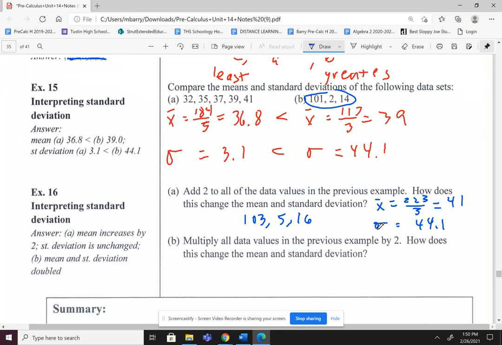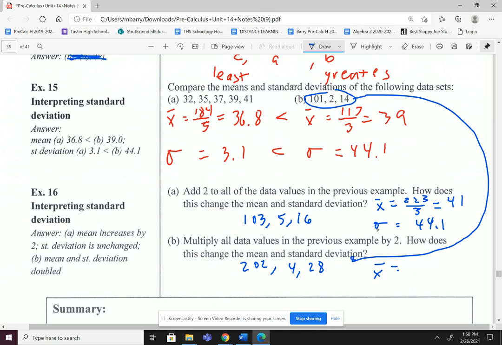Now, if I double them instead, so now it's 202, 4, and 28, so I'm doubling these numbers instead of adding 2. The mean now would be 234 divided by 3, which would be 78.